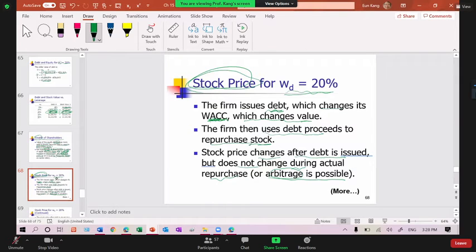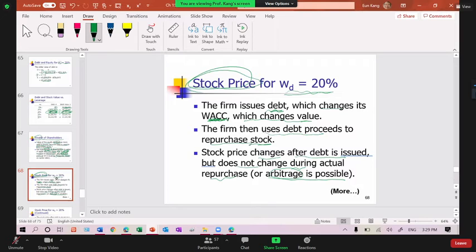The company announces a recapitalization schedule. Then what? That's totally new information, right? Currently it's 100% equity, but they announced that they will change the capital structure from 0 debt to 20% debt. That information hits the market, then stock price changes immediately.